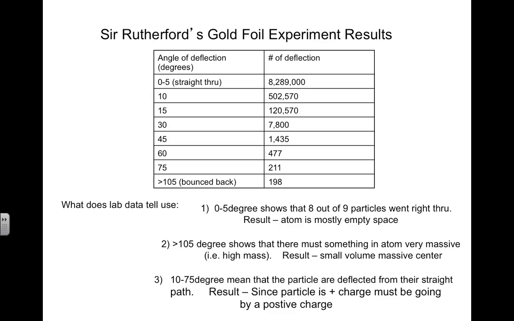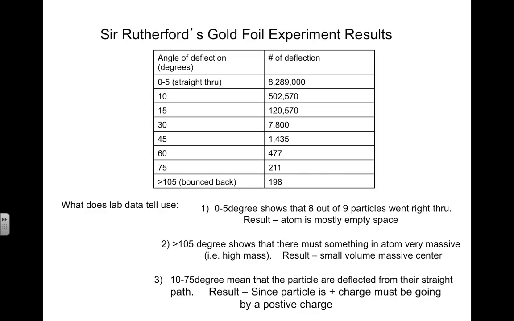That's what the nucleus means. So that is how we explain the structure of the atom. From Rutherford's experiment, we have this extremely small volume, highly massive, positively charged area, which we call the nucleus, and its volume is approximately 1/10,000th the volume of the atom.